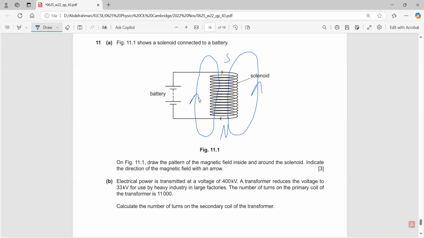In the middle, you need to draw straight lines, because inside the solenoid the field is straight. It goes out of the north pole and into the south pole. This is how you can draw the direction of the magnetic field inside the solenoid.